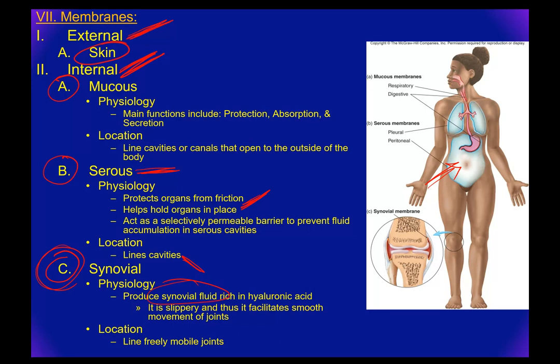So any freely mobile joint, anything that you can bend and twist, all of them will have this synovial membrane, creating synovial fluid to make lubricant so that your bones don't rub each other. Well, actually, your cartilage doesn't rub each other.